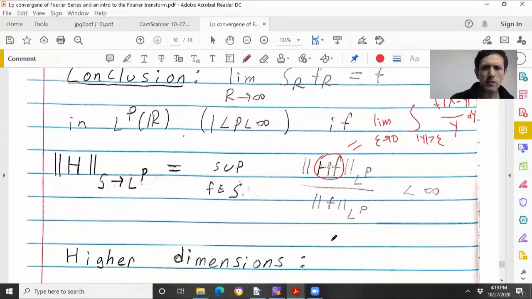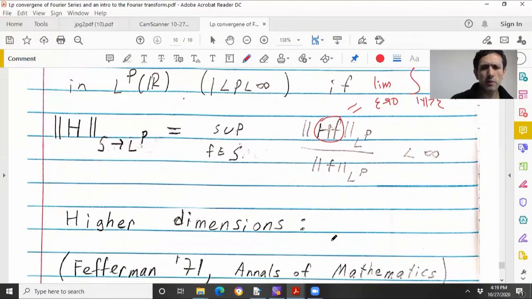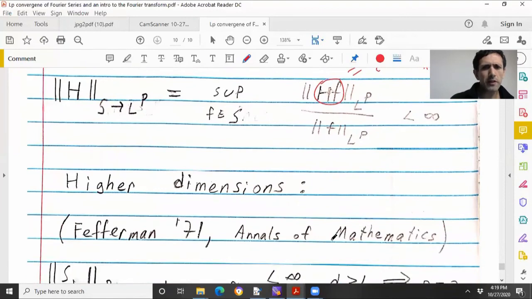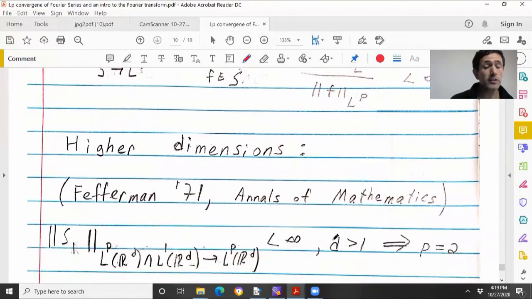Okay, so I just want to quickly talk about the situation in higher dimensions. Well, it's a very deep and surprising result by Charles Fefferman, who is a Fields medalist. This paper is one of many papers that frankly won him the Fields Medal.